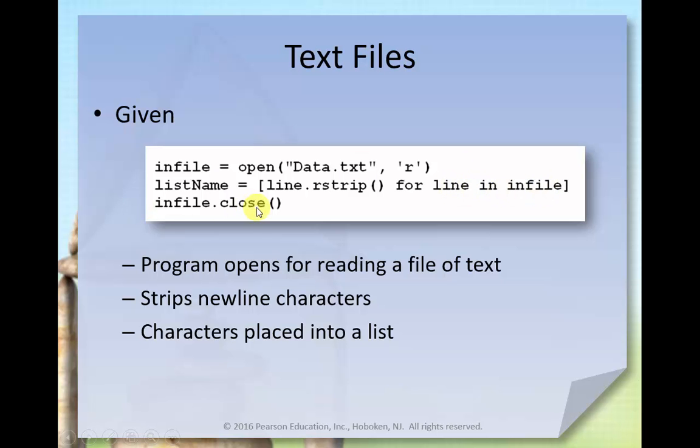And then we close out our file access. Note that when we're doing file operations, we always have to open a file and close the file. So that's what we do. We open a file, we strip the new line characters, and we read it all in to our list.